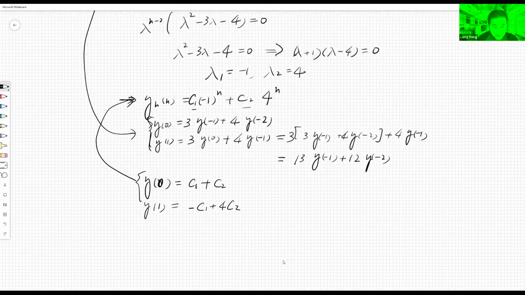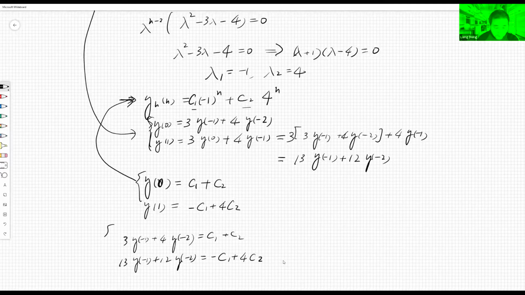If these are the same, so 3y[-1] plus 4y[-2] should equal to C1 plus C2. And then we have 13y[-1] plus 12y[-2] should equal to negative C1 plus 4C2.